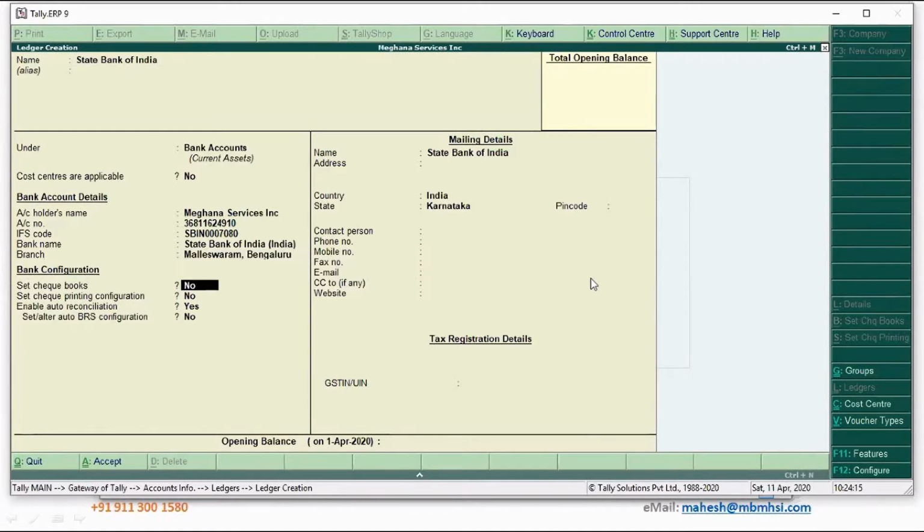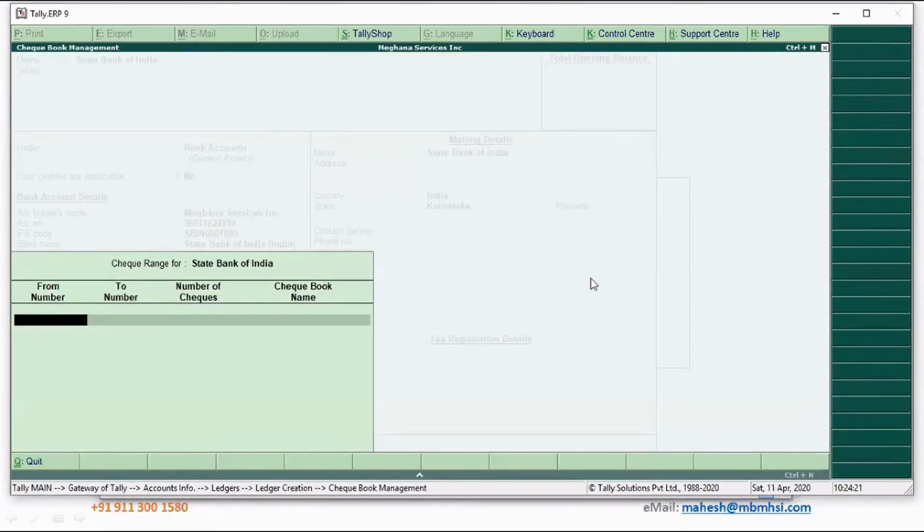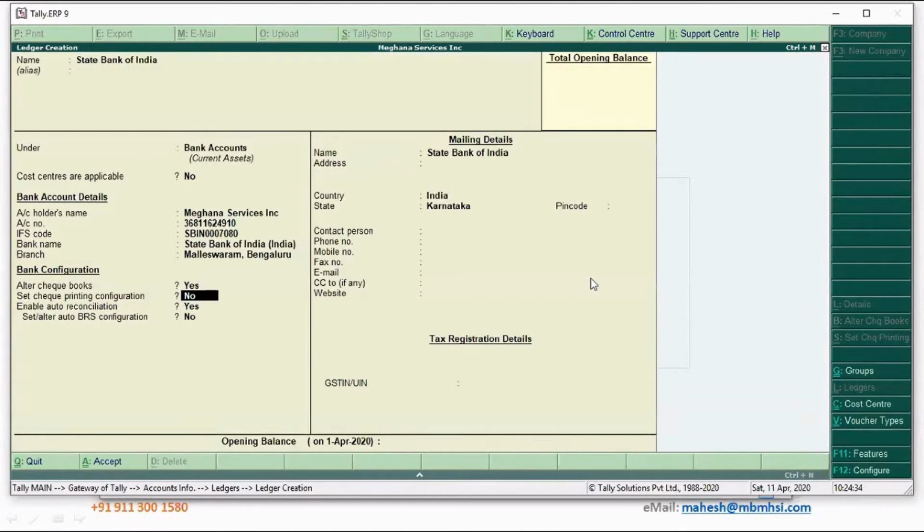So I've just given my bank details, all these details. I want to maintain the checkbook details. These are all the things that we have already discussed. You could also set up check printing configurations.